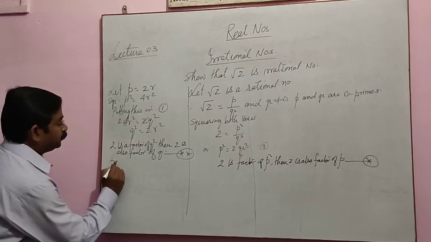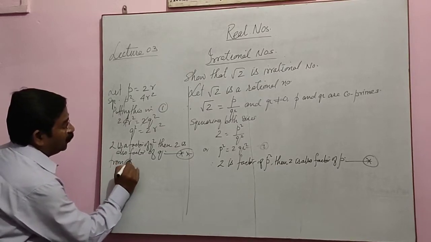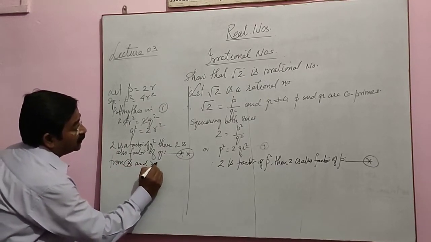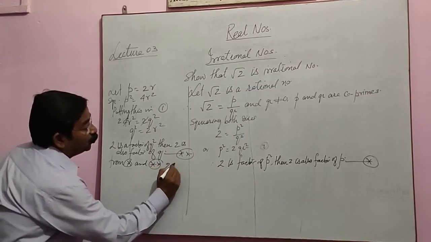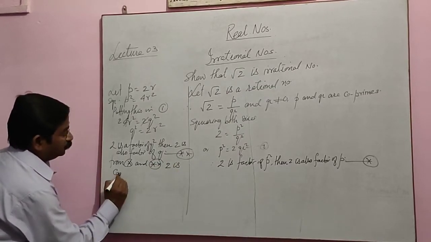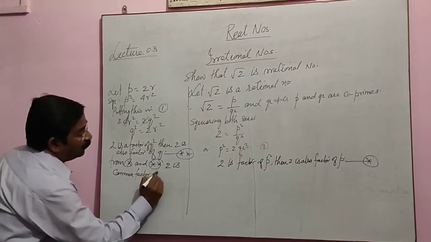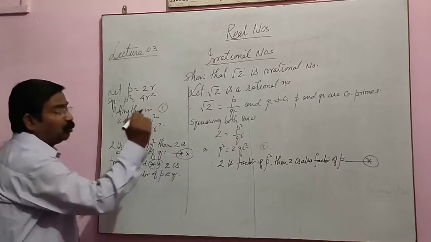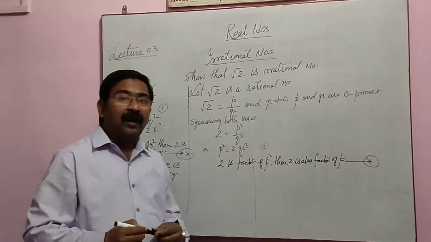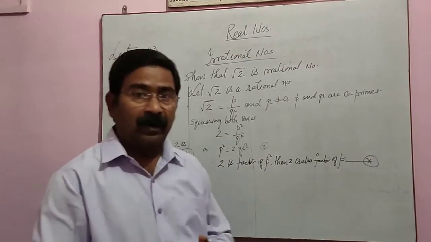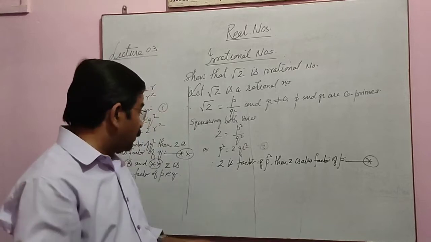We write from star 1 and star 2, 2 is common factor of p and q. Now come to the definition of rational number. What was the definition of rational number?